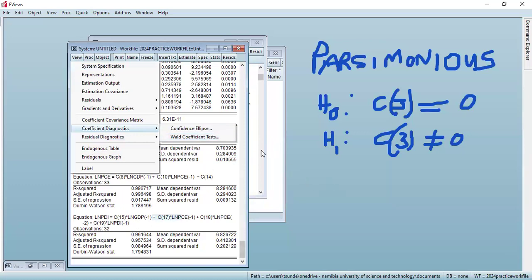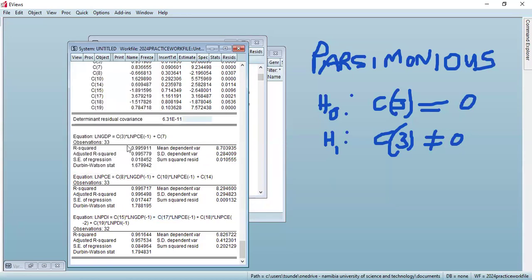Before you proceed, maybe you can explain what I asked previously, because I got lost. Let's say in our first equation, C3 and C7. C7 is the constant, and C14 is a constant.